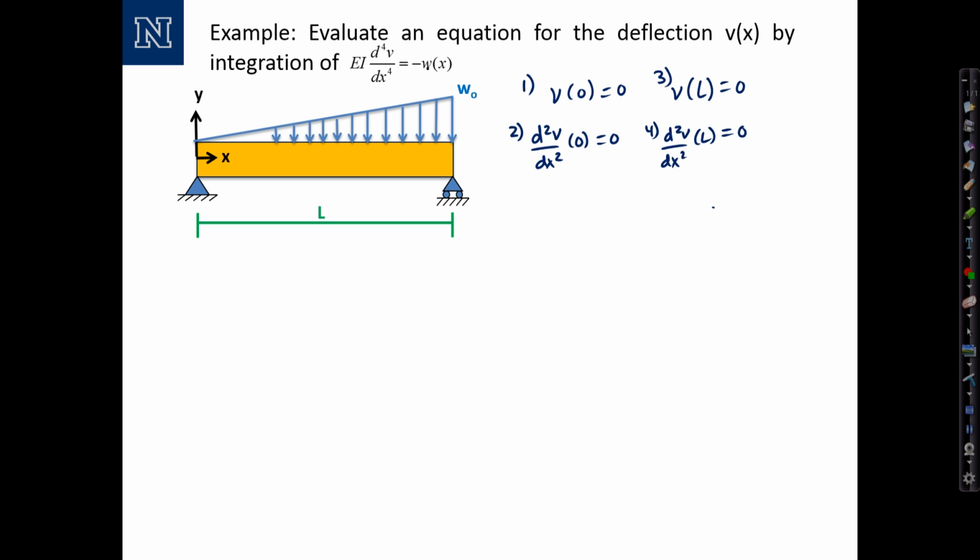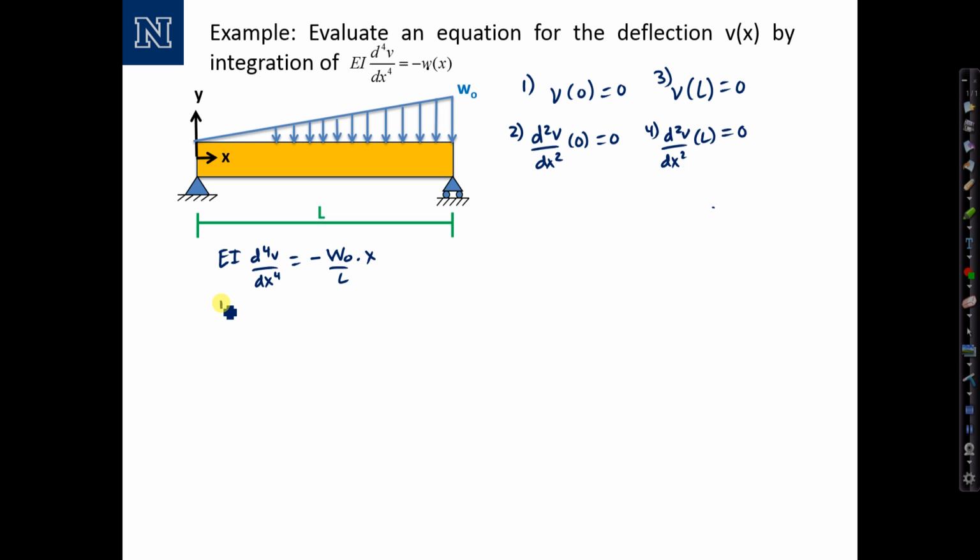Now for the integration, we need to define the load function, EI d to the fourth v by dx to the fourth equals negative w of x. In this case, w is a linear function with 0 at the left end, so no y-intercept, and a slope equal to w naught over L. So we can write that function as w naught over L times x, and we're ready to integrate.